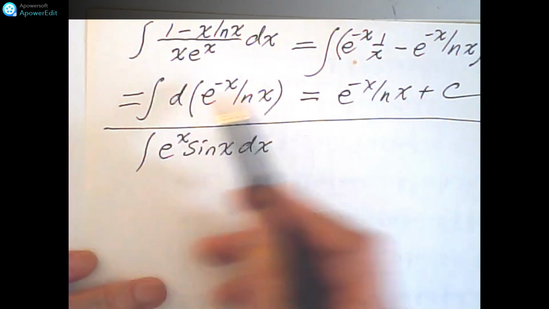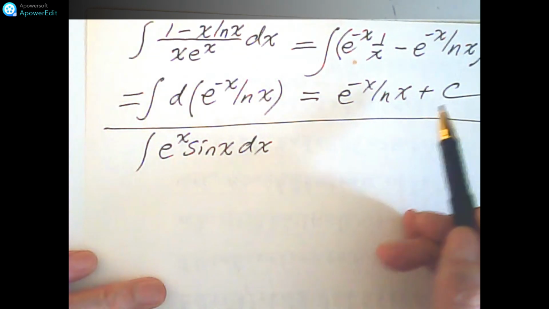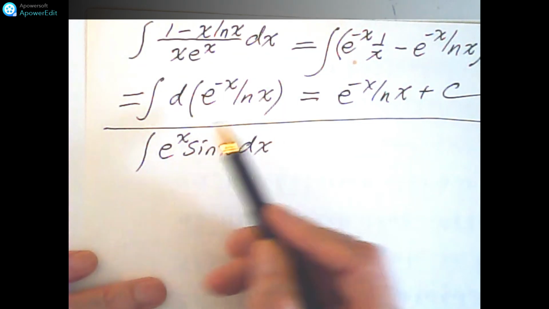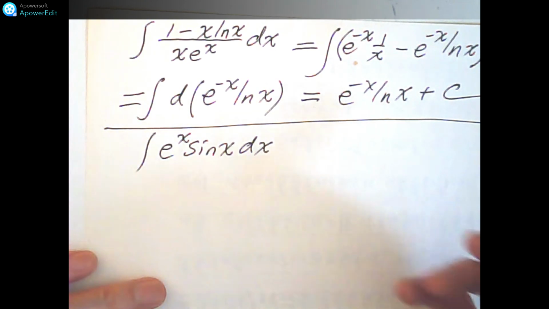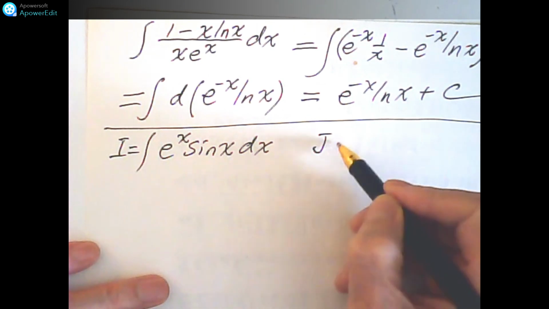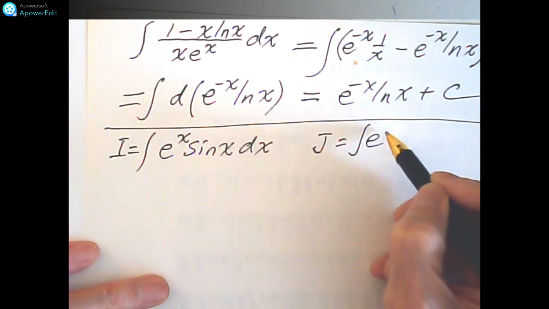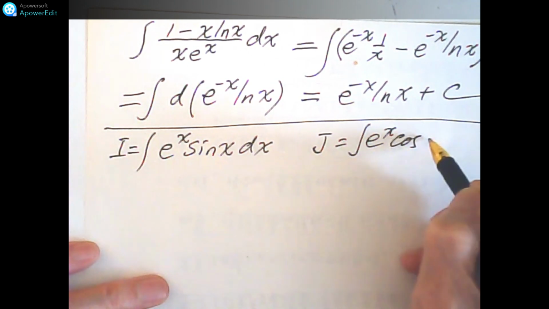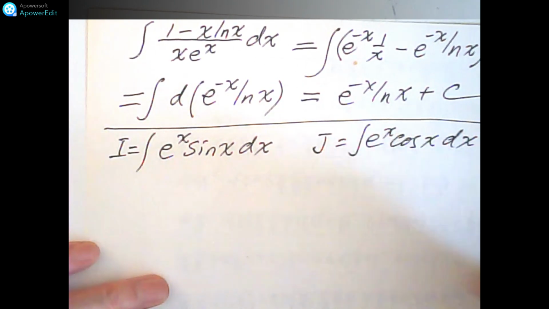Now here, that inspires me that I can do something like that, using the product rule. I let this be I. I create a J, which is e to the x times cosine x dx.